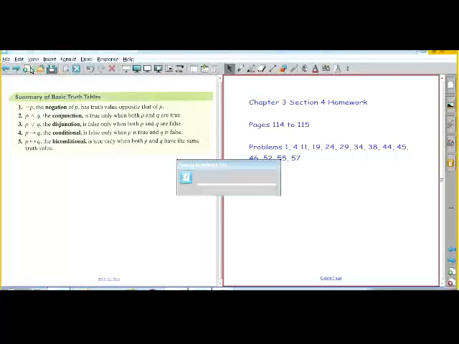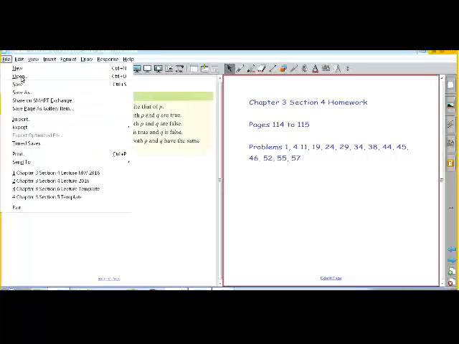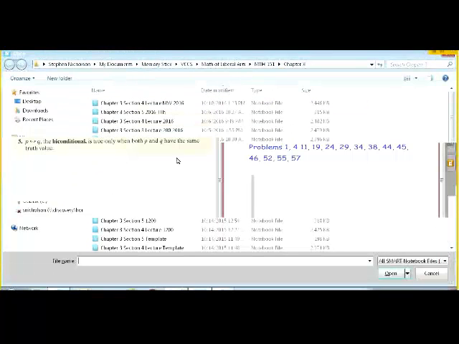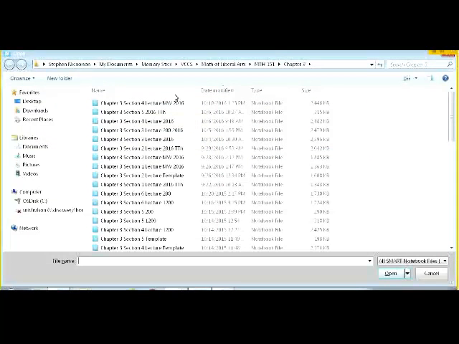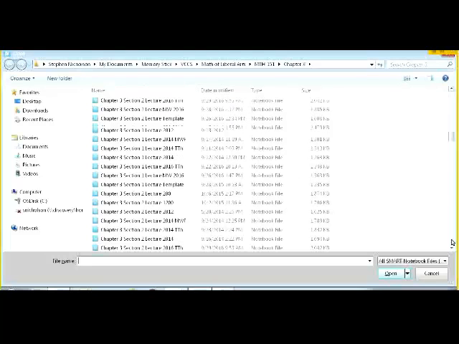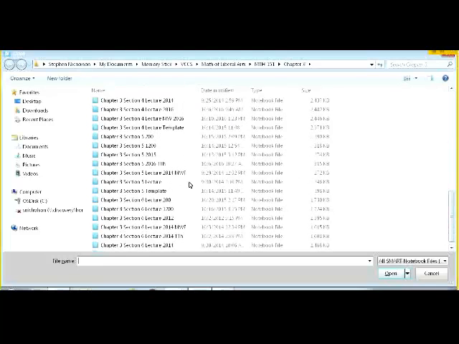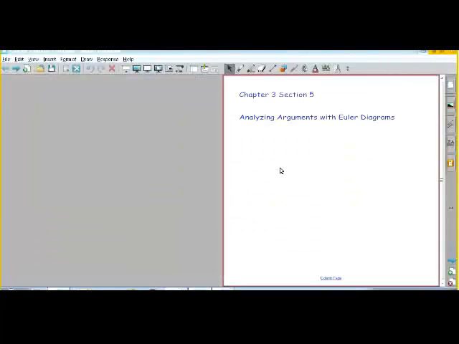Okay, so we're moving on. Section 5. The last two sections of chapter 3 are about determining whether arguments are valid or invalid.